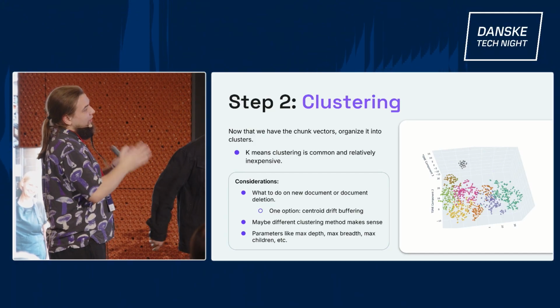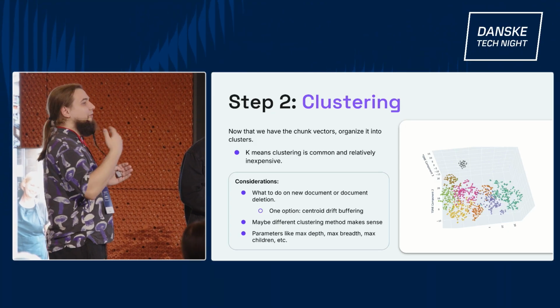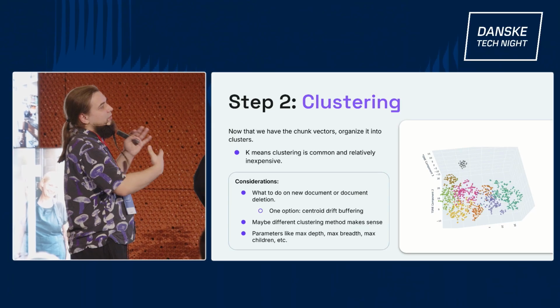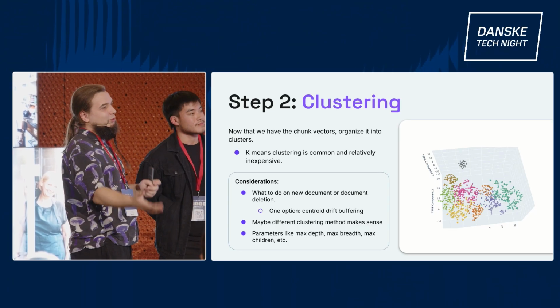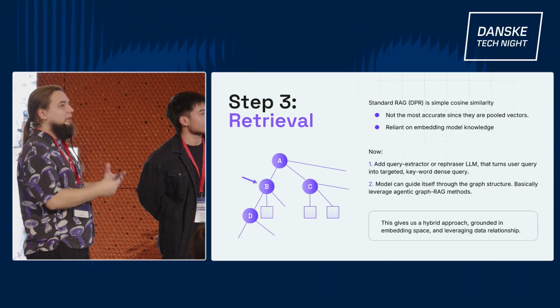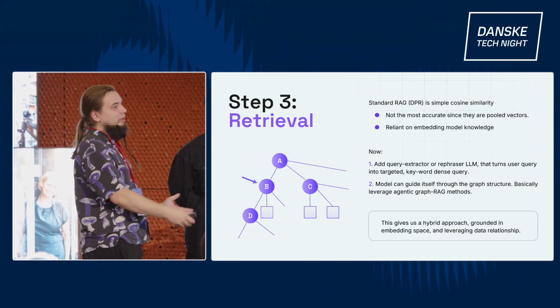And the other thing that we can do, which almost gives us a kind of graph or tree, is that if we have a very large data set and our clusters are big, then you can cluster those clusters again and build a tree structure which automatically gives you a structure for exploration of your data and your corpus.